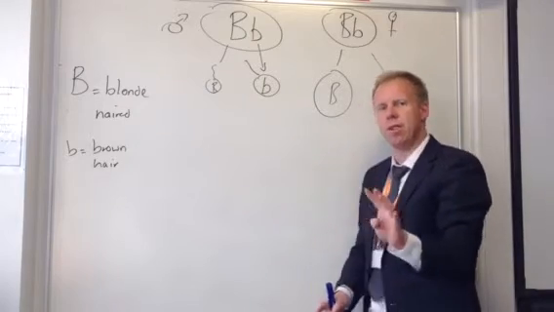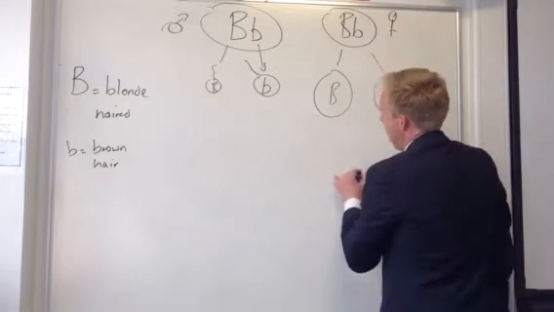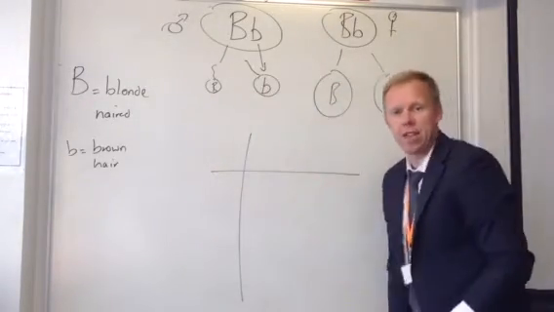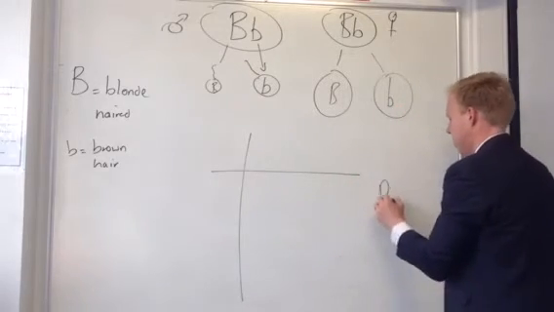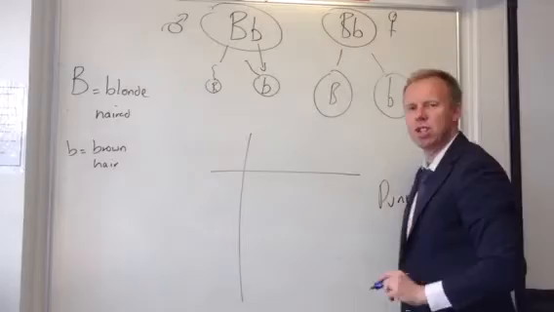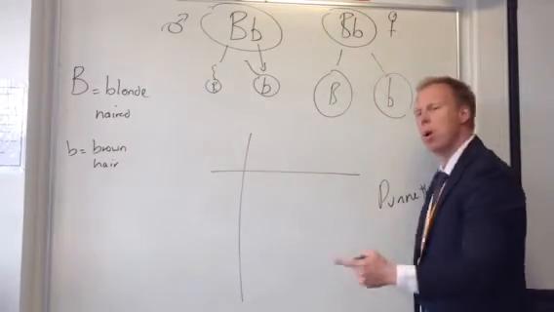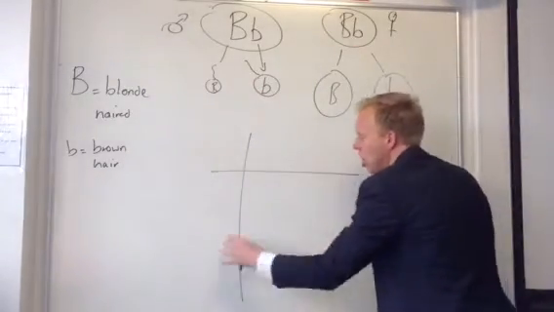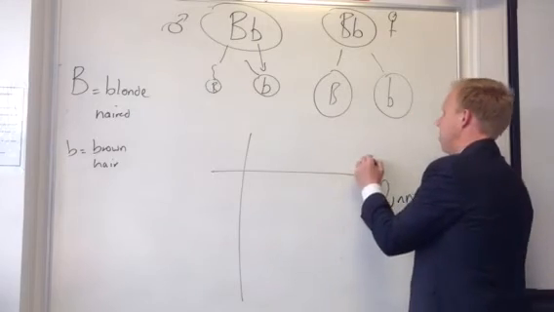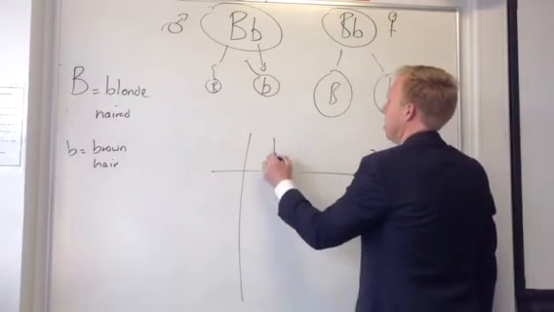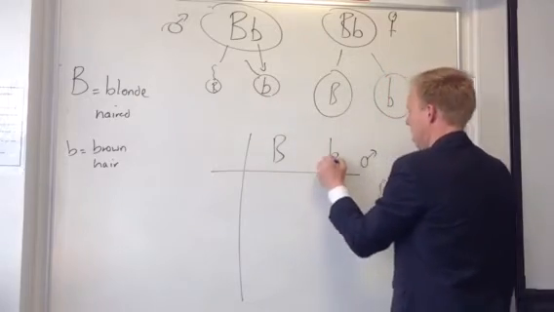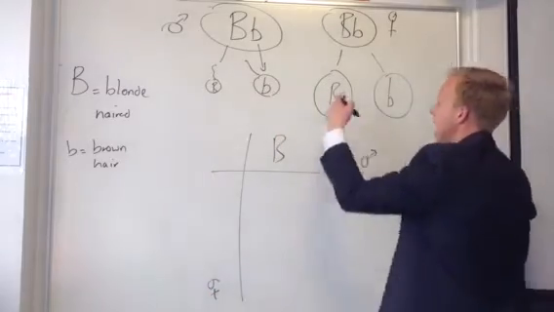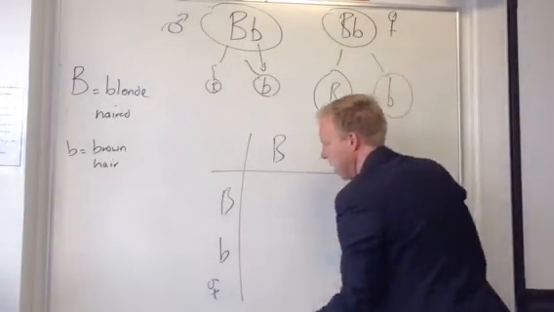I'm going to show you another way of doing this, so we've covered both angles. Often a more preferred method of demonstrating these gametes coming together is using a thing called a Punnett square. Now we put the potential gametes of each individual onto two sides of our square. So I'm going to put the male gametes on here, big B, little b, and the female gametes down the side, again, big B, little b.